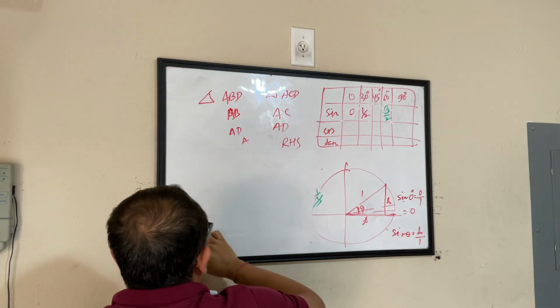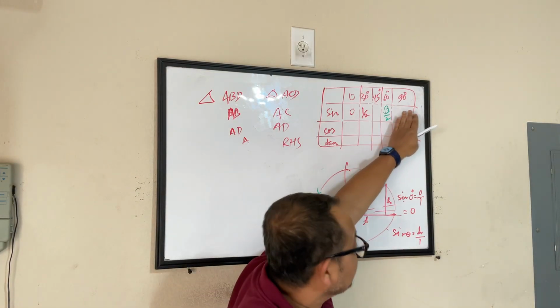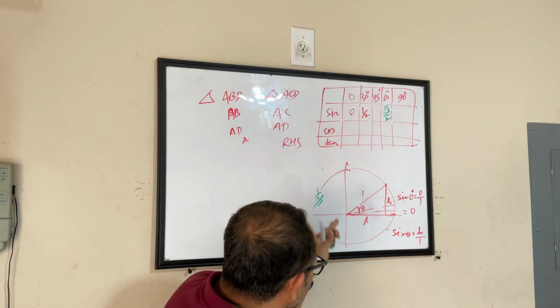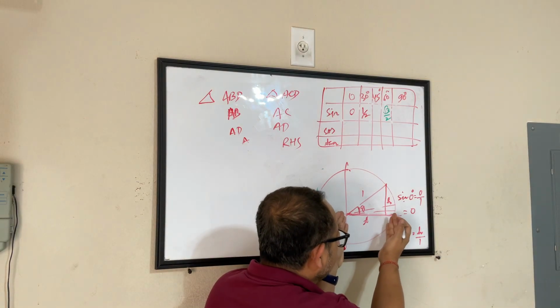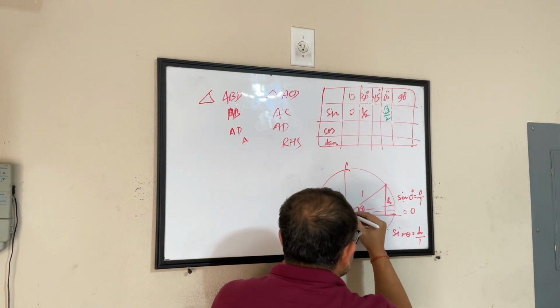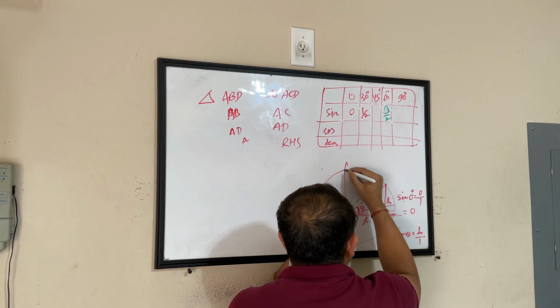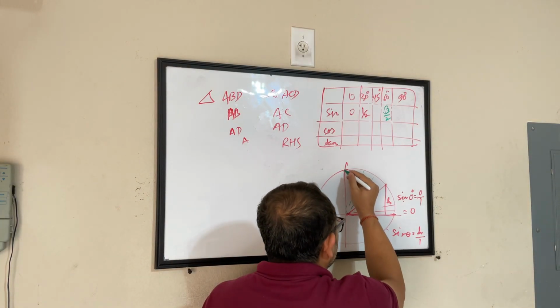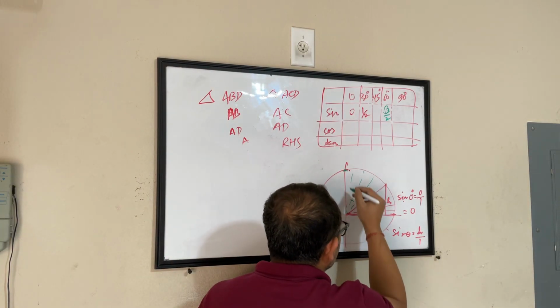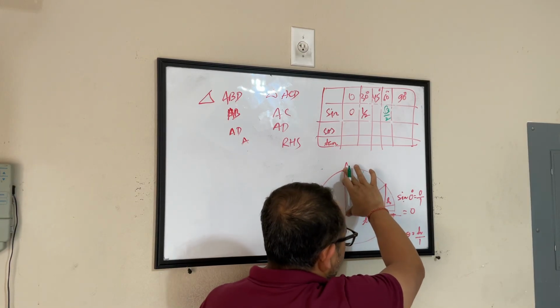Now, I am tempted to first get the value for sine 90 degree. If you come back to the circle, when you go to sine 90 degree, this angle keeps on increasing and comes to a point where it meets this place. At 90 degree, this line is coinciding with this one.